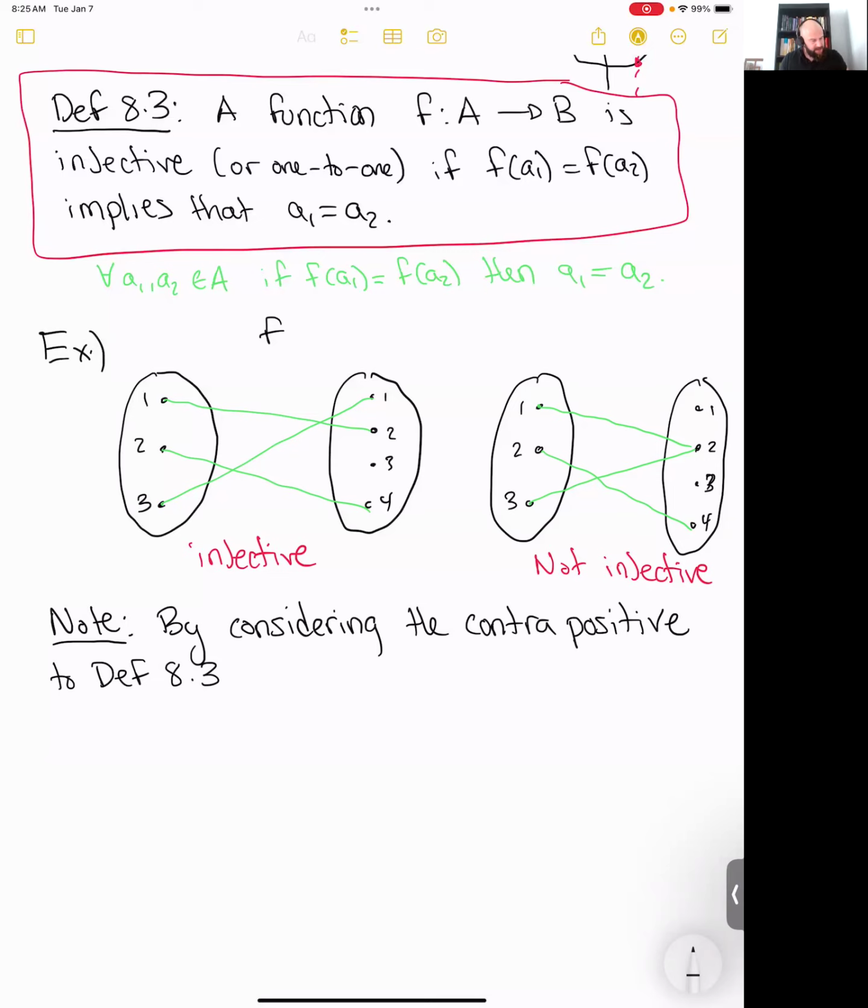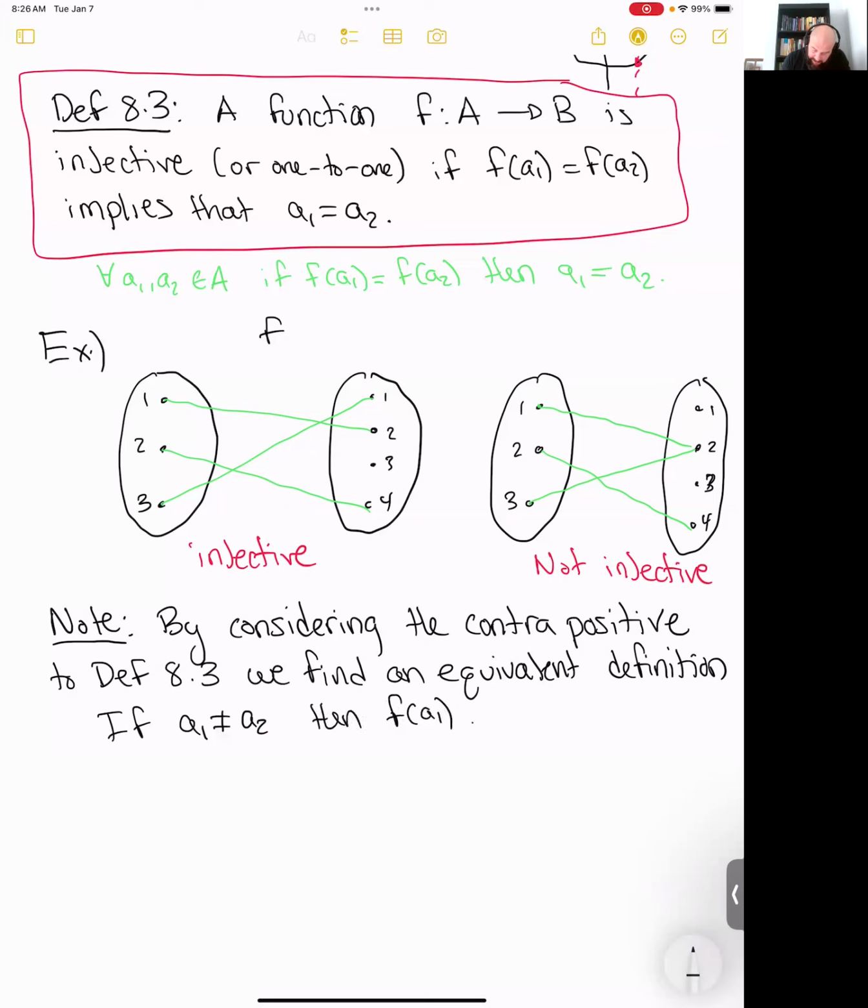the contrapositive is going to give me something equivalent. So by considering the contrapositive of definition 8.3, we find an equivalent definition, which is that if A1 is not equal to A2, then f of A1 is not equal to f of A2.